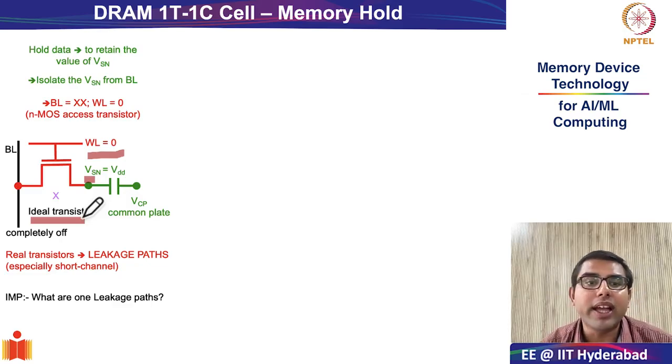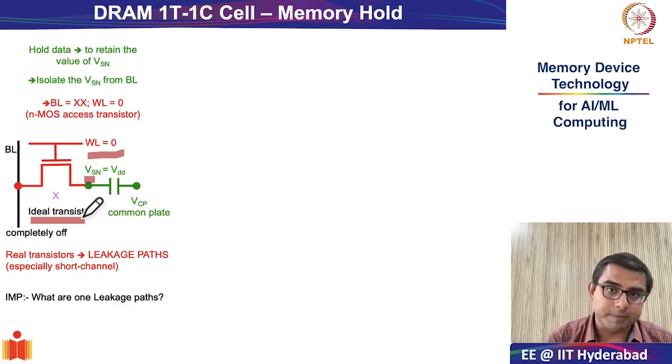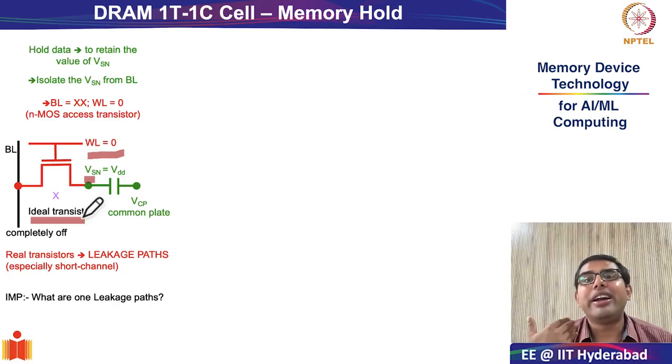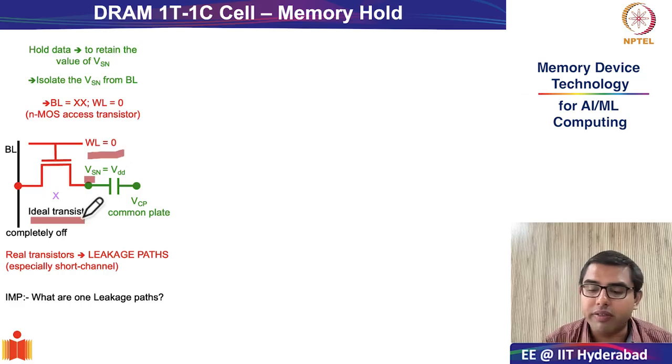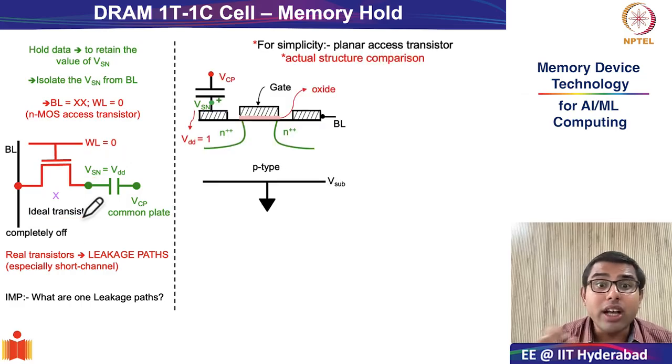Okay, this is just something to keep in mind, that the leakage paths become even worse when we go to smaller and smaller dimensions. So it becomes very important to be able to control these leakage paths. Otherwise, you will have to refresh your DRAM at very regular intervals or very short intervals. So this is why studying the leakage paths is very, very crucial.